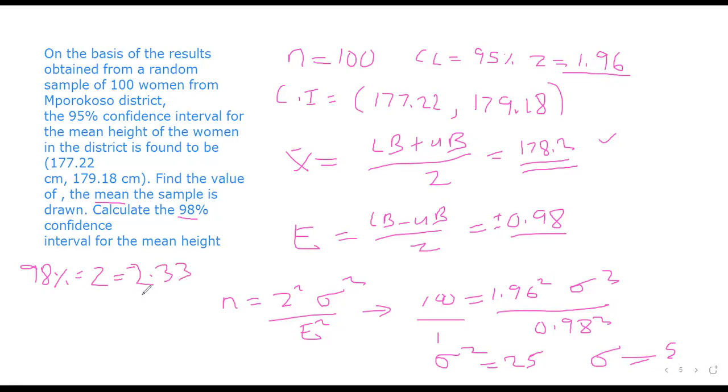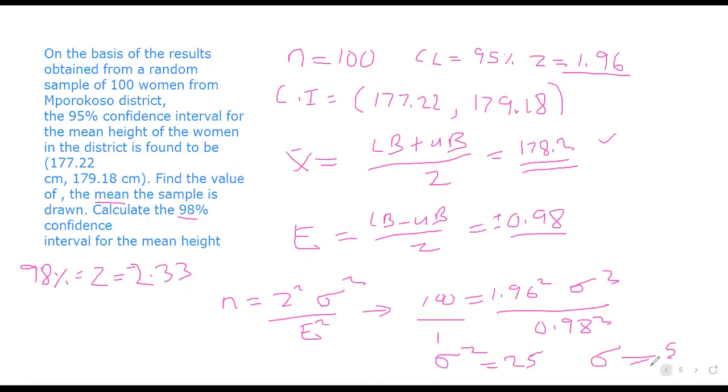What's the formula for the confidence interval? X bar plus or minus Z times the standard deviation over root of n. We already calculated our mean as 178.2, our standard deviation 5, our Z 2.33.